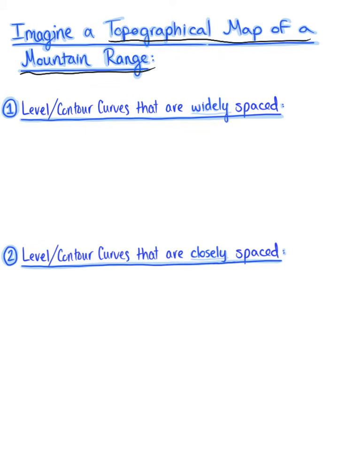So thinking about your topographical map of a mountain range, I want you to think for a moment. If you're observing that the level or contour curves are widely spread or widely spaced out, what is this indicating? Well, this indicates slow change in a function's value or gradual elevation change. So widely spread contour curves indicate slow change in a function's value.